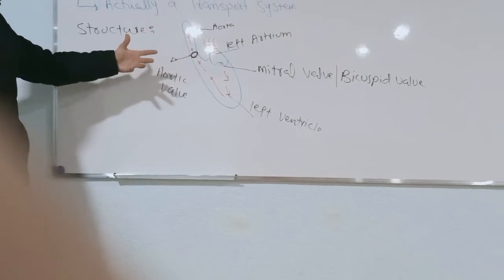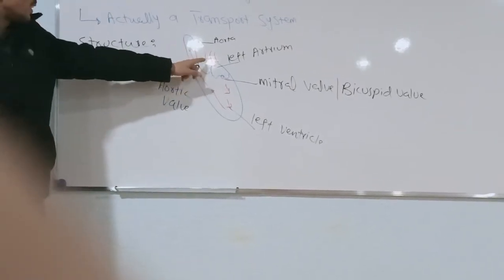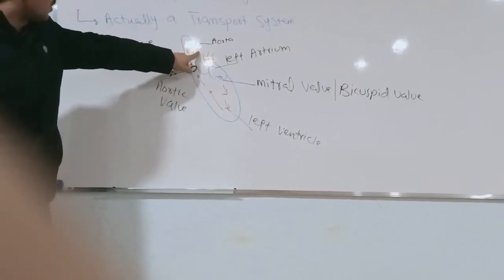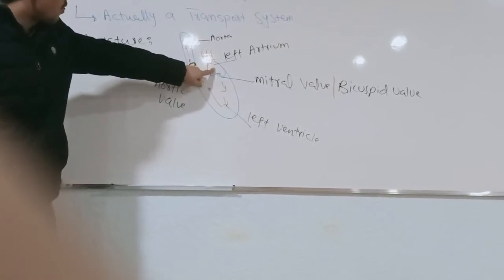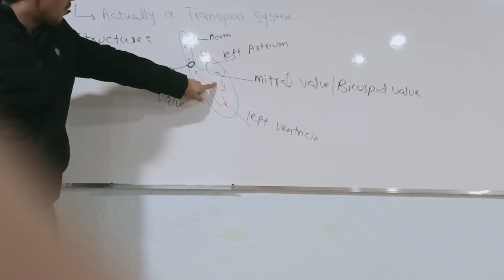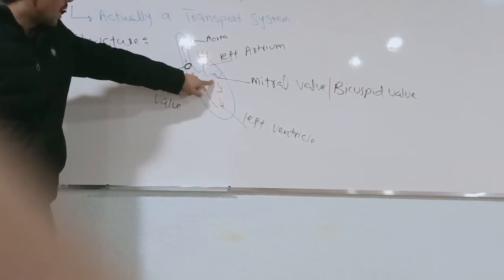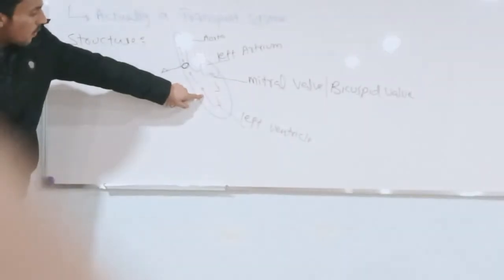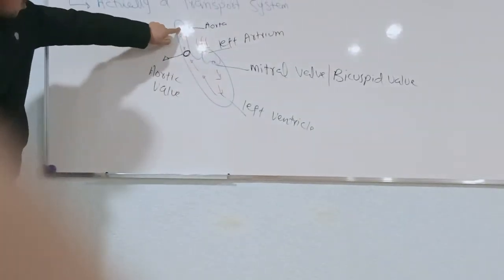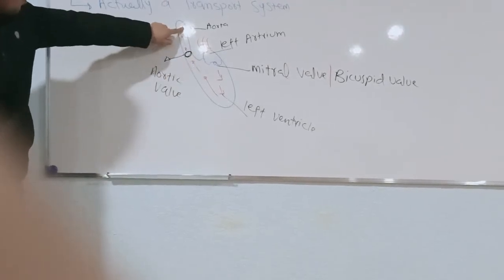Firstly, the blood comes from the lungs through the pulmonary vein to the left atrium, and from the left atrium the blood goes to the left ventricle through which valve? Through the mitral valve.